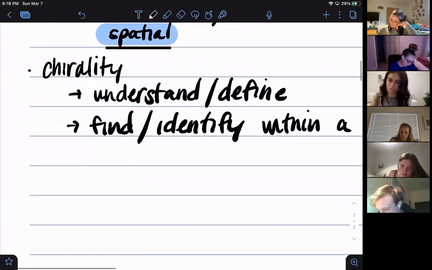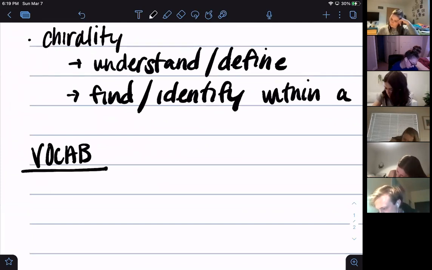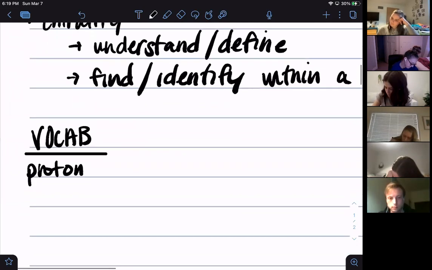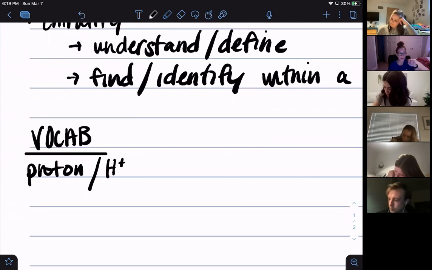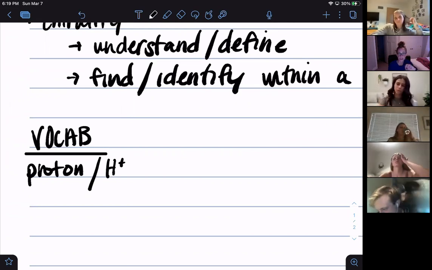Okay, and then we're needing to do vocab. So in terms of vocab, what you really need to make sure you are familiar with is proton. And then I'm also going to say H+, okay, because they're interchangeable, right? So I just want you to be aware that when I'm referring to a proton, I'm also referring to an H+, okay?